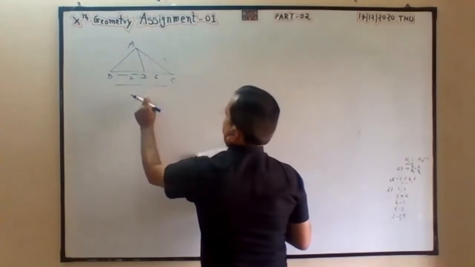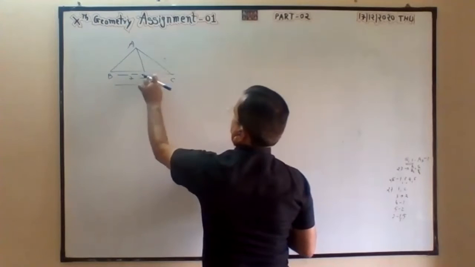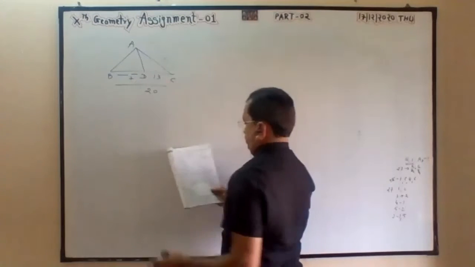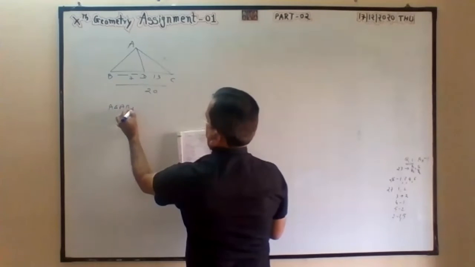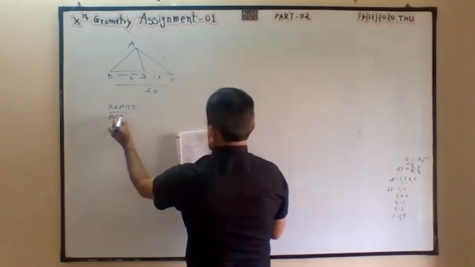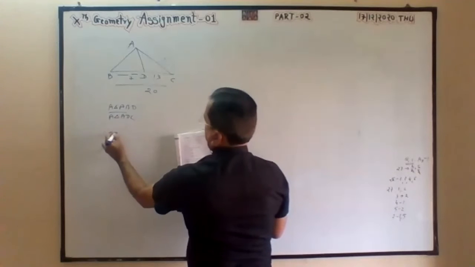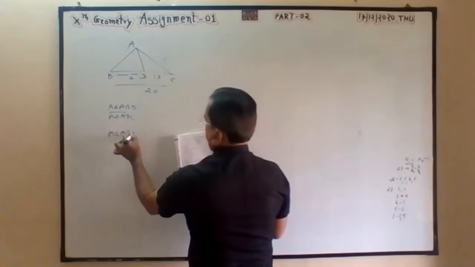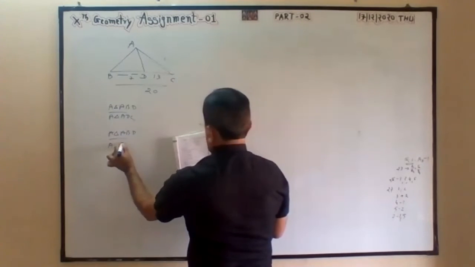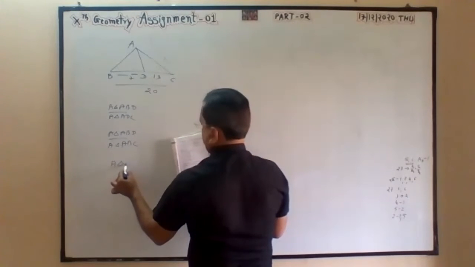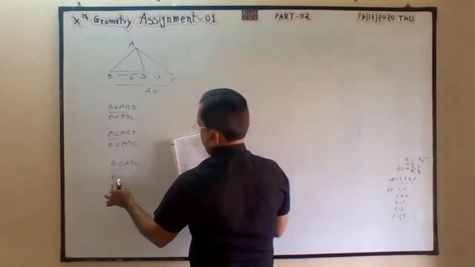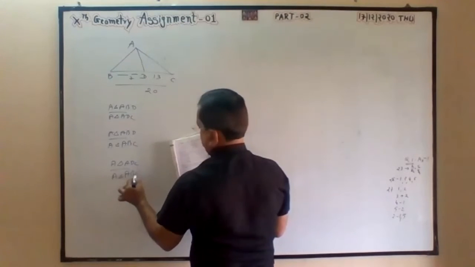Sorry, total is 20, so this much is 13. Okay, so area of triangle ABD, area of triangle ADC, area of triangle ABC.